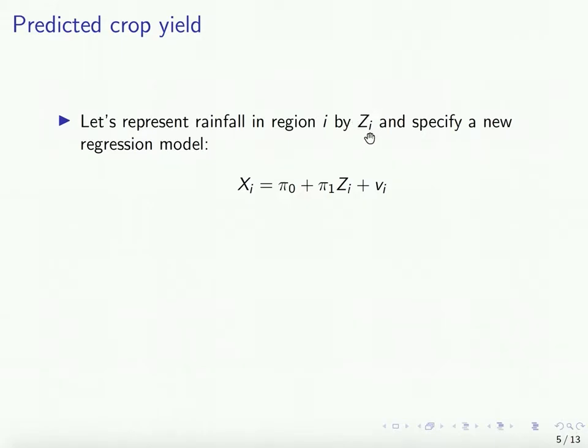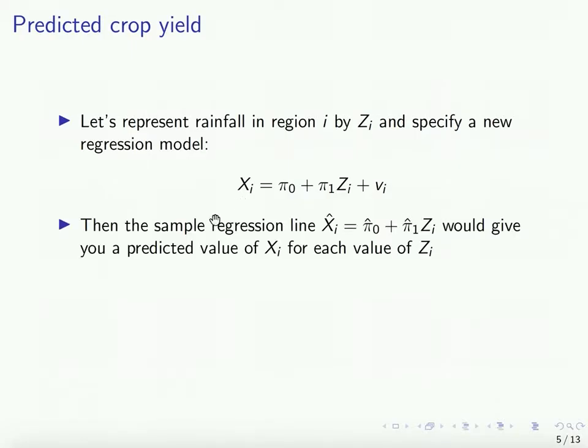And define Zi as rainfall, you could think of it as average rainfall for region i. So in this equation, we have the effect of average rainfall on crop yields. Then the sample regression line from estimating this model would look like this. You're familiar with this, okay?